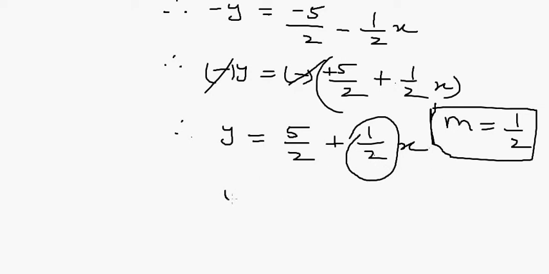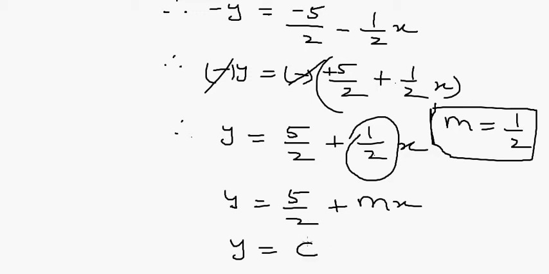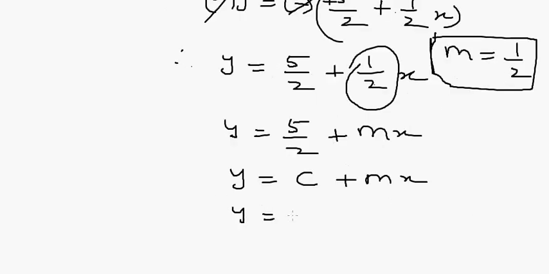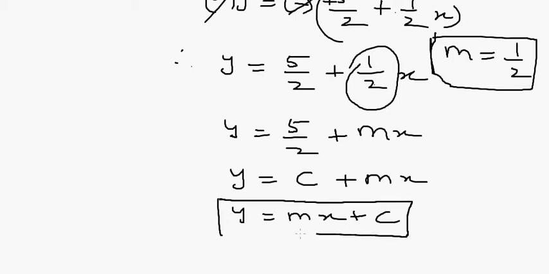So y is equal to 5 by 2 plus mx. Now what is this term? This is just some constant. It's a numerical, it's not a variable, it's a constant. So I can replace this numerical with some letter c, constant, plus mx. So y is equal to mx plus c.